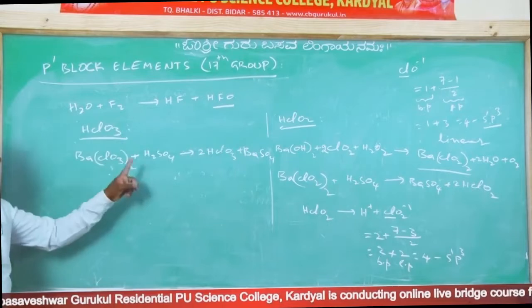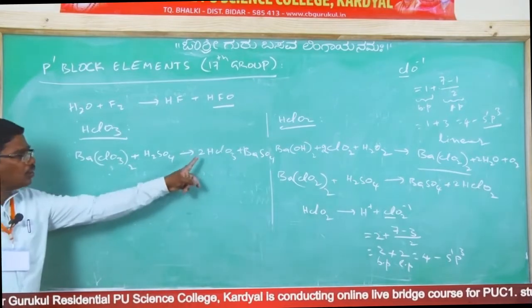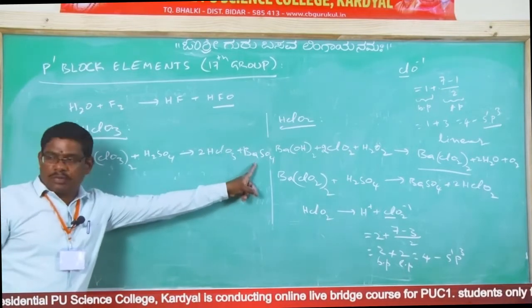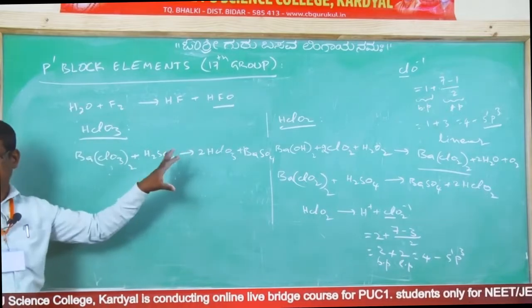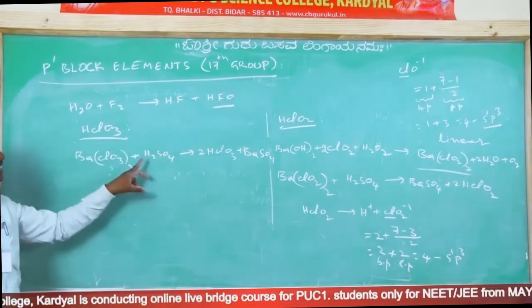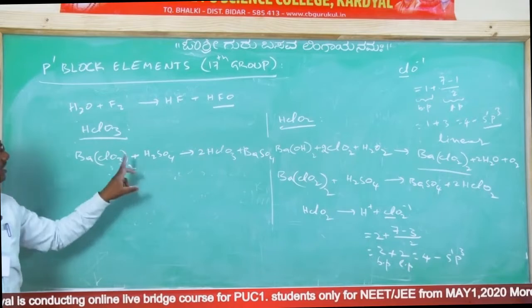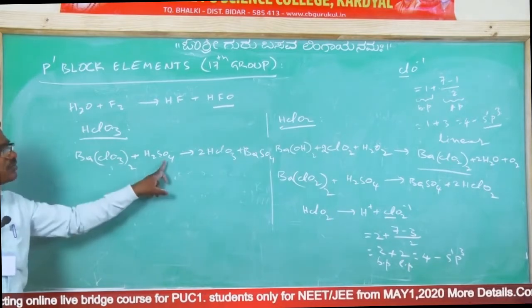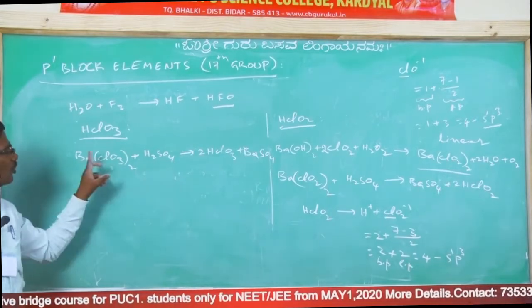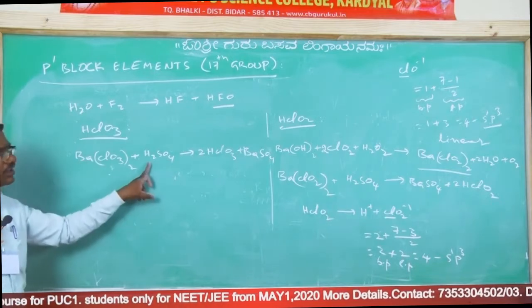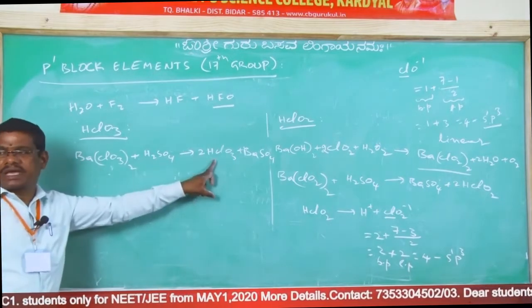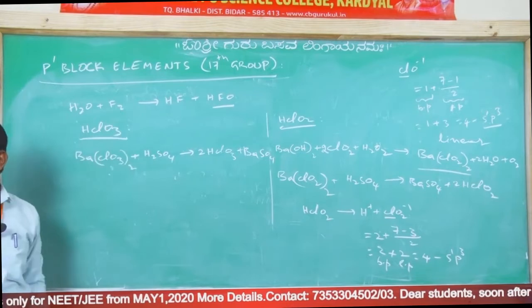Barium chlorate reacts with sulfuric acid to give chloric acid with barium sulfate, a double displacement. Here Ba is displaced by hydrogen. This chlorate is displaced by sulfate. Sulfate goes with barium, chlorate goes with hydrogen. That's chloric acid. Like this chloric acid is prepared.